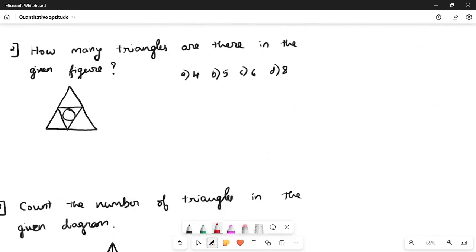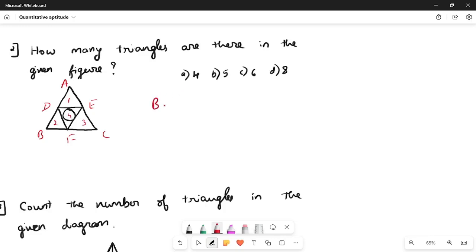Next question, how many triangles are there in the given figure? A, B, C, D, E and F. Basic triangles, if you consider 1, 2, 3 and the center 1, 4.